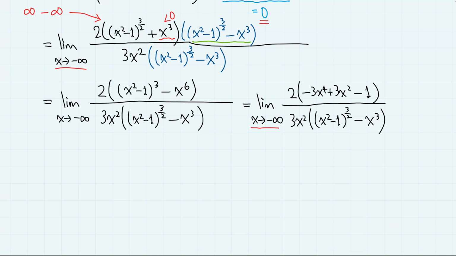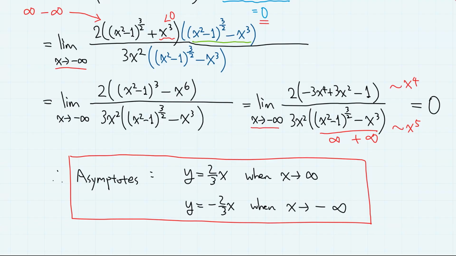Since x is negative, this part of the denominator is actually in infinity plus infinity form. Therefore, we can just compare the degrees, and again, the denominator has larger degree, hence the limit is 0. So we have proved the second limit, which gives us the same conclusion about asymptotes.